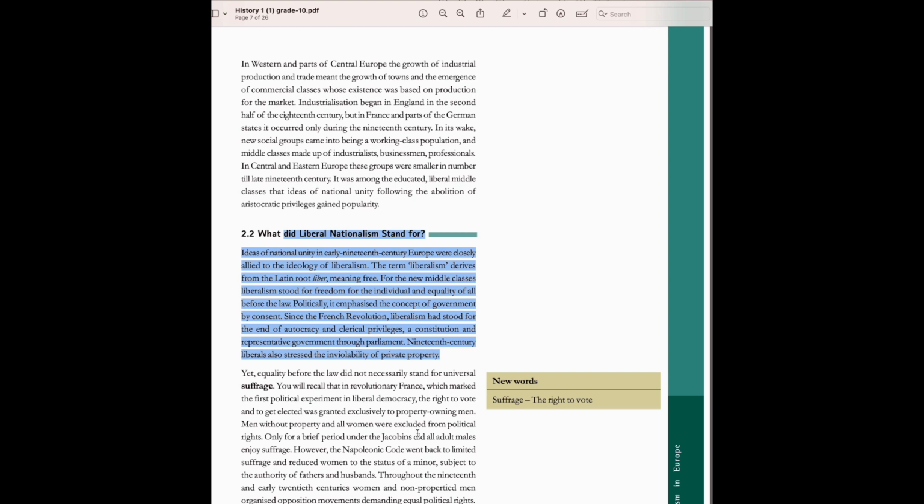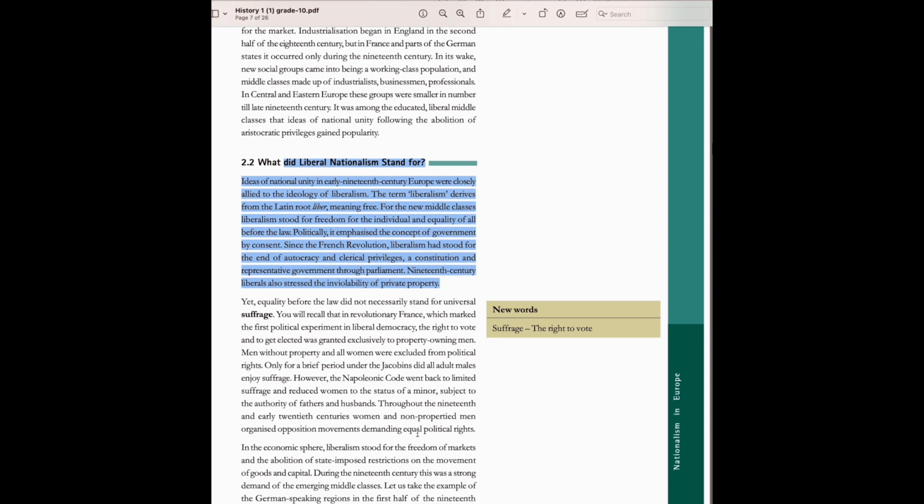In Central and Eastern Europe, these groups were smaller in number till late 19th century. It was among the educated, liberal middle classes that ideas of national unity following the abolition of aristocratic privileges gained popularity.